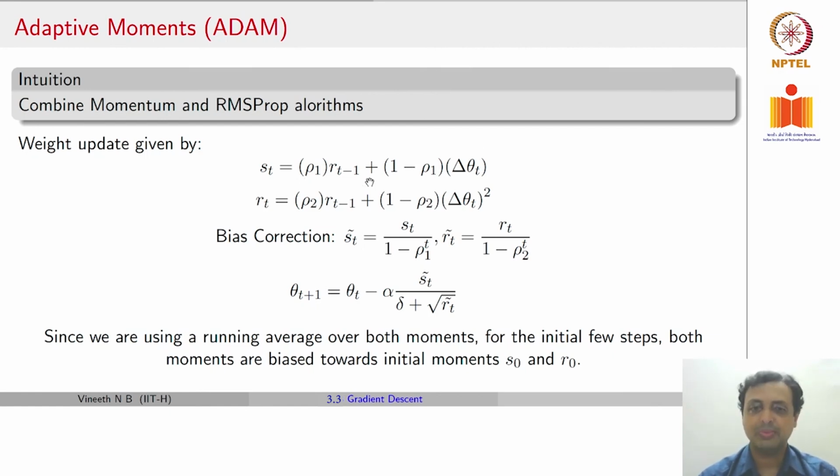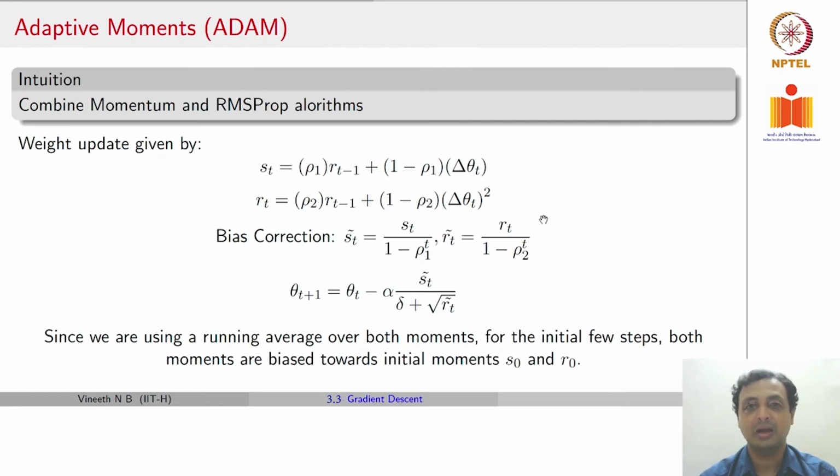In your initial step, RT minus 1 would be initialized to 0. That's where RT minus 1 will start. 1 minus rho 1 will make it a very small value because rho 1 is close to 1. So which means the gradients will not have any impact on ST in the initial iterations until they add up. So there may not be much training that happens in the initial iterations. So what do we do for that? We say let ST tilde be ST by 1 minus rho 1 power t.